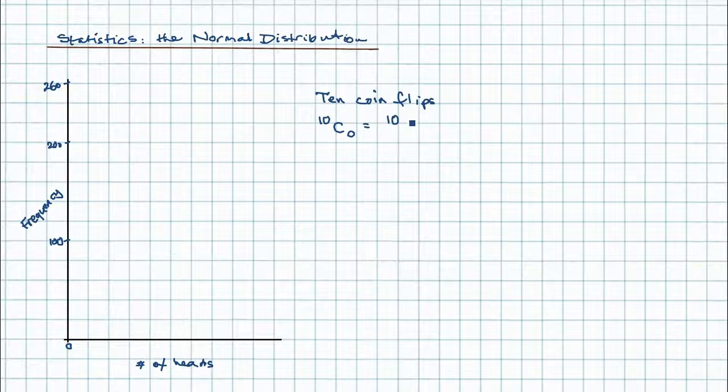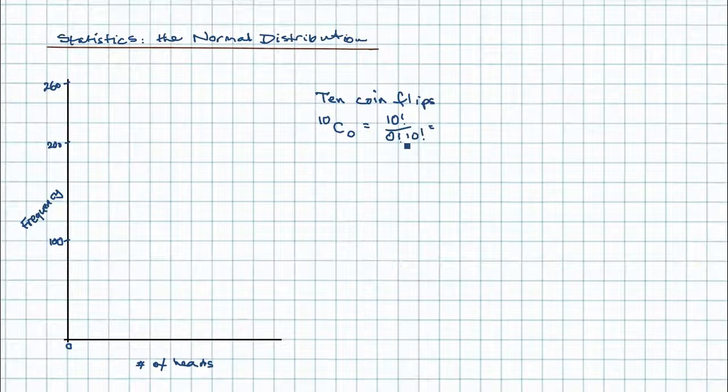10 factorial over 0 factorial times 10 factorial is going to give us, 10 factorial just means 10 times 9 times 8 times 7 and so on, right down to 1. So 10 factorial divided by 10 factorial is going to just give us 1. And you need to know that 0 factorial equals 1.